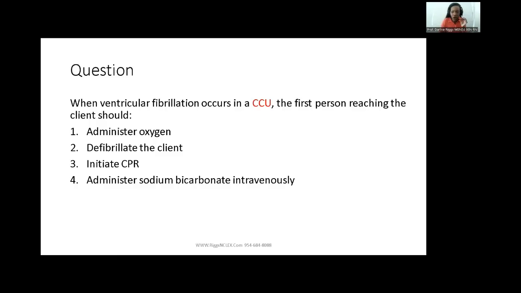Pay attention to where you are, because where you are changes what you do. You are in CCU.